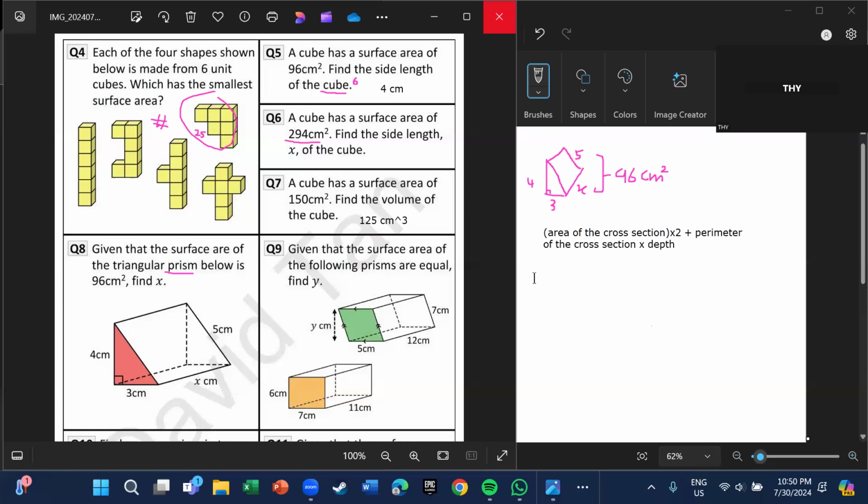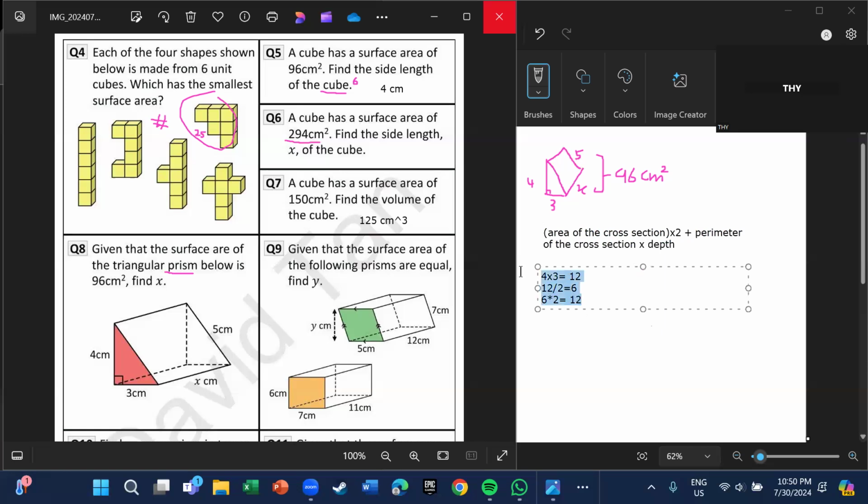So in this case, it's 4 times 3, that will give us 12. 12 divided by 2 is 6, then of course you have to multiply it back by 2, so 12 again.